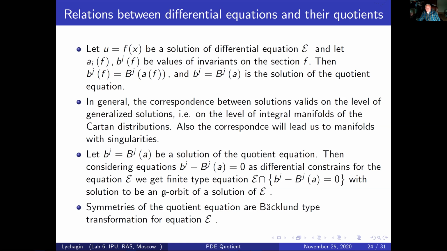Now, one more remark. If you have a solution to the quotient equation, what can we do with the solutions of our original equation? This is related to so-called differential constraints. If you have differential equations that are very, I would say smart, but not so smart, one desire is just to add one more equation, and one more, and maybe finally you will get a solution.